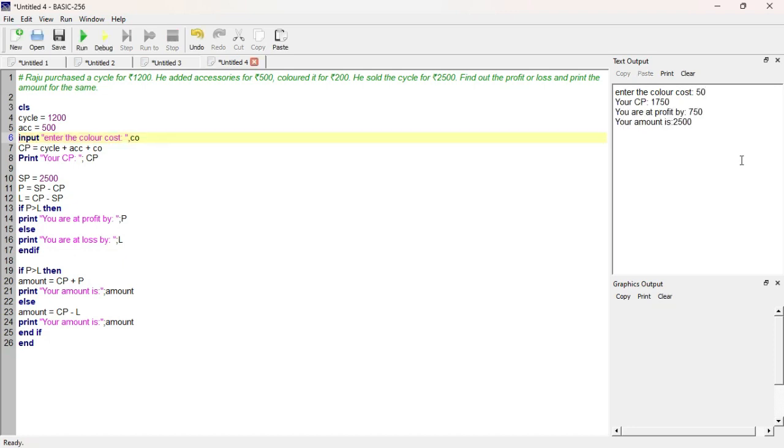If I write 50, then we will be at profit. Suppose I write 800, then we will be at loss by 0. Maybe after adding them, it is equal to that. If I write 100, I will be at profit by 700. If I write 1000, I will be at loss by 200.